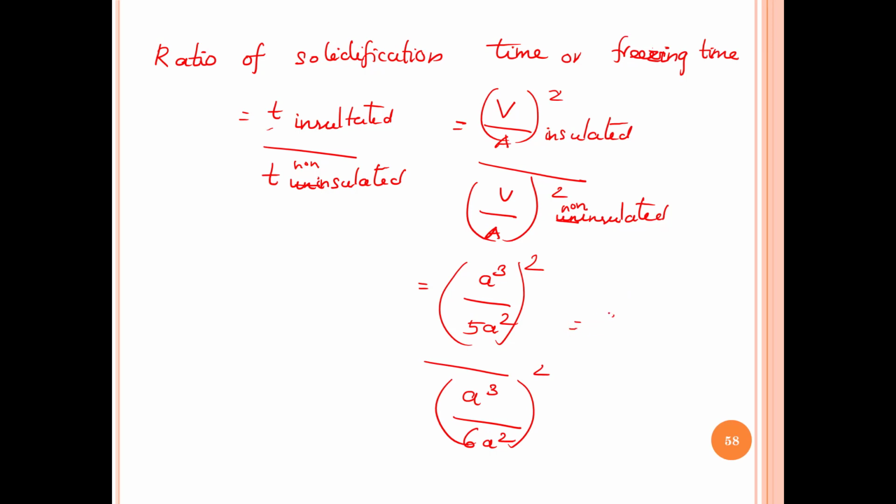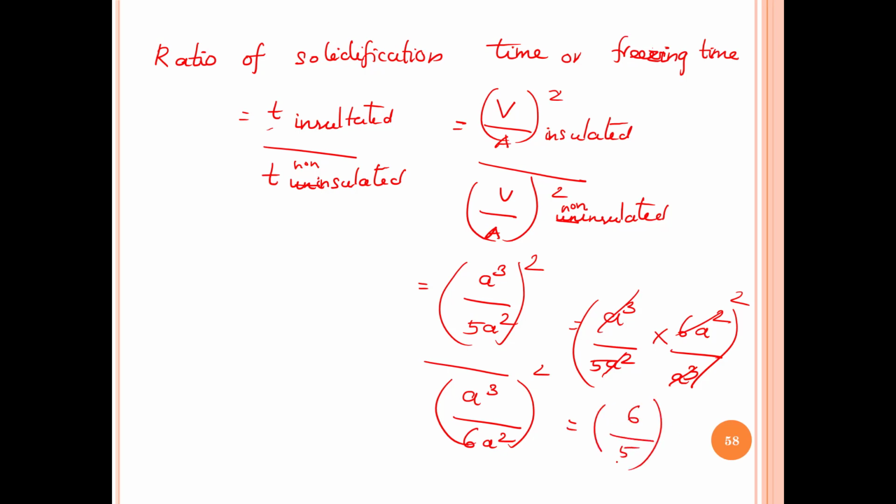So this can be written as a cube divided by 5a square, into a square divided by a cube, that whole square. This will cancel. Finally, we are getting (6 by 5) whole square, which is 36 by 25.